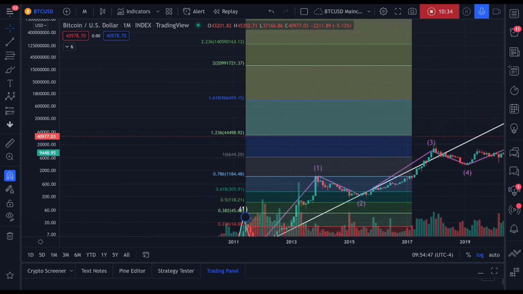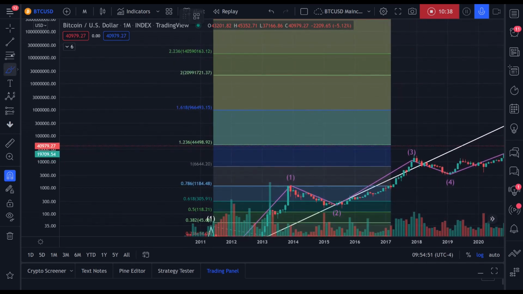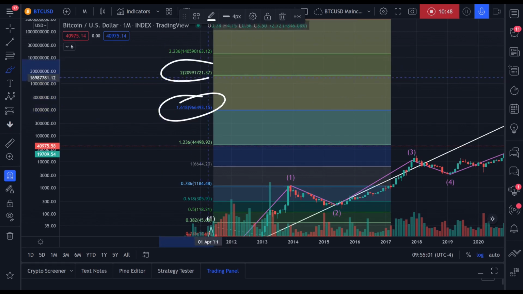Look where the 1.618 Fibonacci extension lies. This is my minimum target for Bitcoin, $966,500 US dollars.